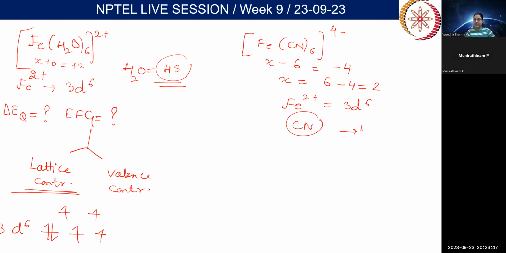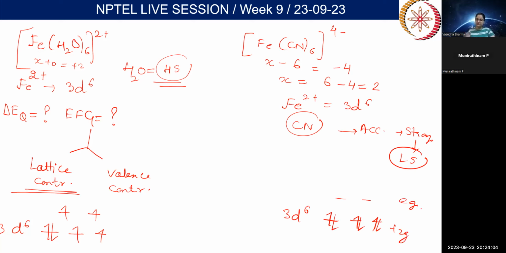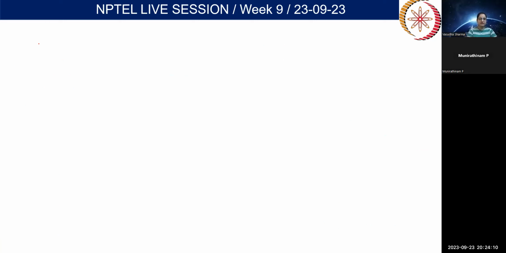CN is an acceptor ligand, which is a strong ligand, and a strong ligand makes a low spin complex. So here in 3d6 all the electrons would be filled in the same t2g orbitals and it will not go to eg orbitals. So is this clear? Clear, ma'am.